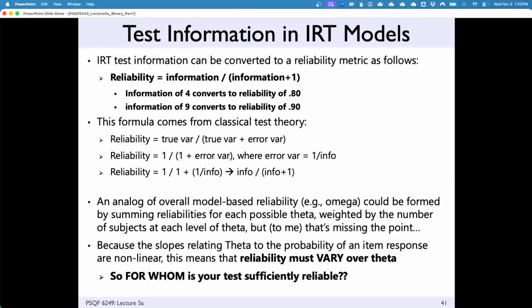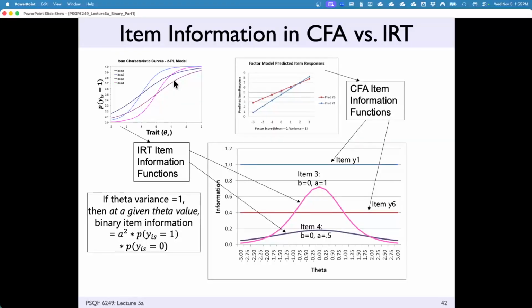But in IRT models, reliability is really information over information plus one. Information itself, what you're saying is, wait a minute, what's this? Well, there's a concept we call item information, right?